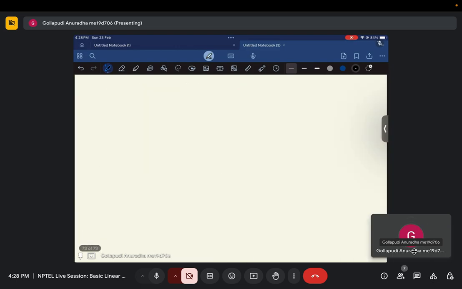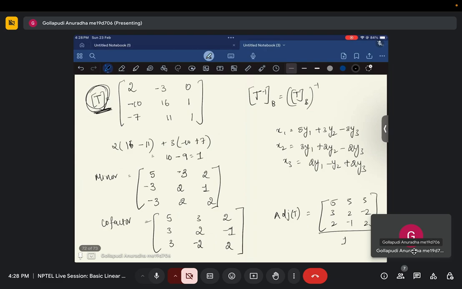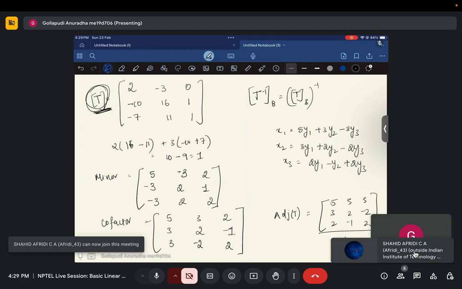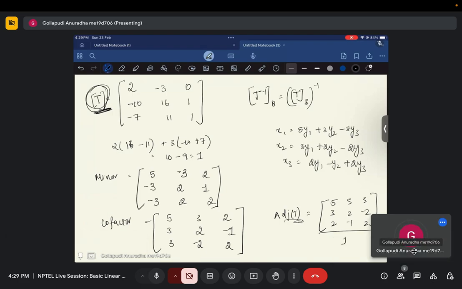Ma'am, in the adjoint of the matrix, the first row, last element should be minus 3. Okay, I made a mistake in the transpose. In the adjoint of T, the first row, third element should be minus 3. So 5, 3, minus 3.